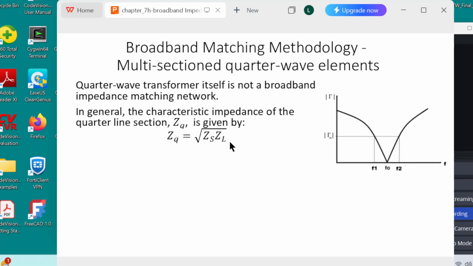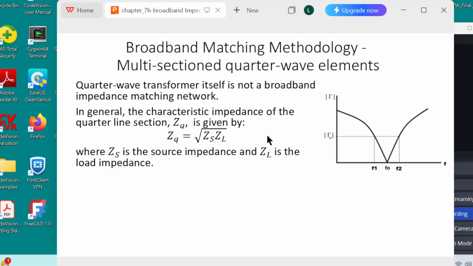So we know that the quarter wave transformer has the characteristic impedance given by the square root of Zs times Zl, and we also know that Zq is normally always real.